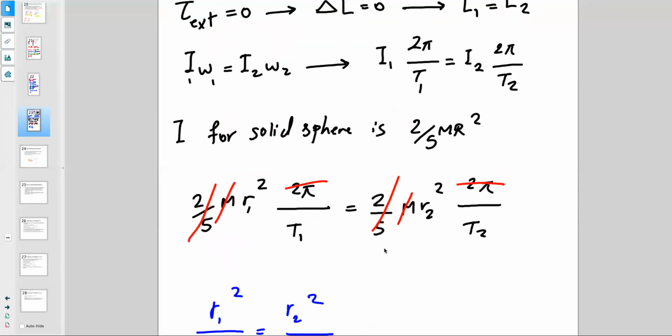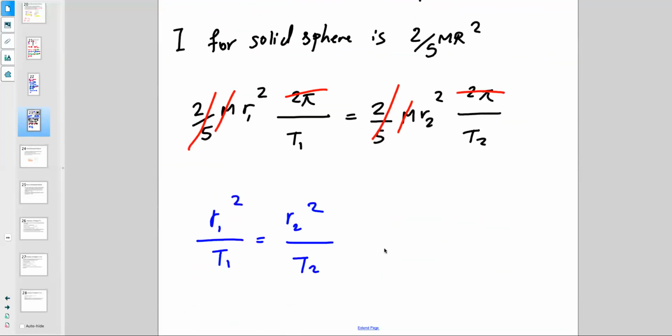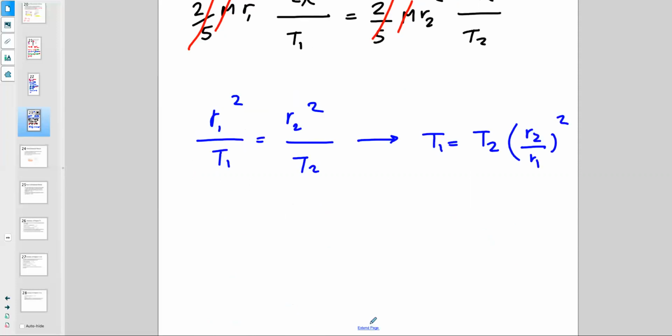So if you're looking for T2 or T1, so T1 then is T2 times R2 over R1 squared. Okay, yeah, that's correct.